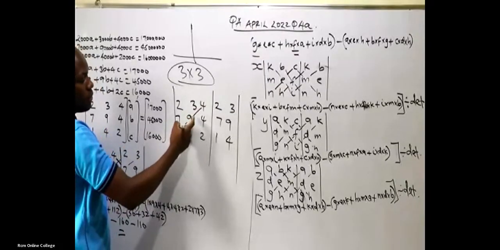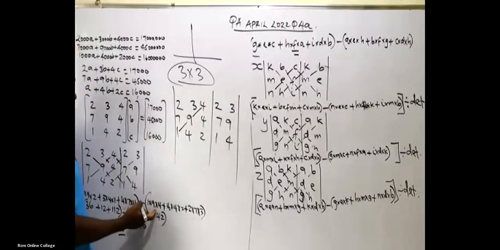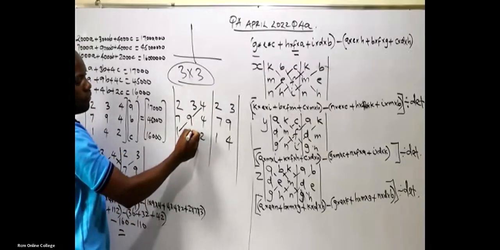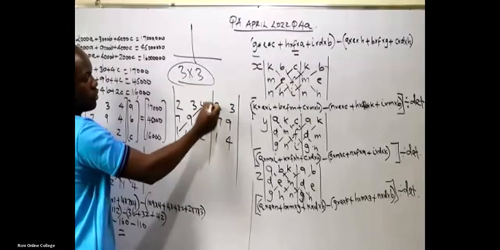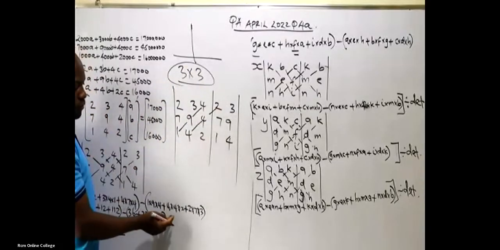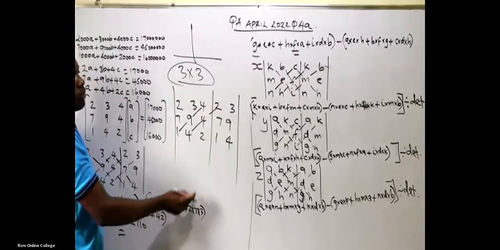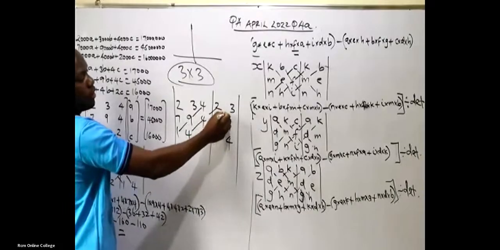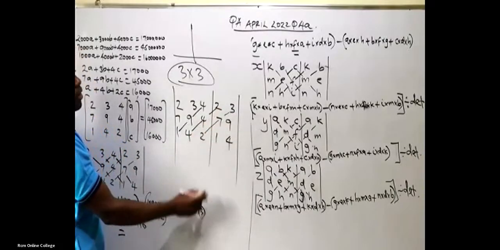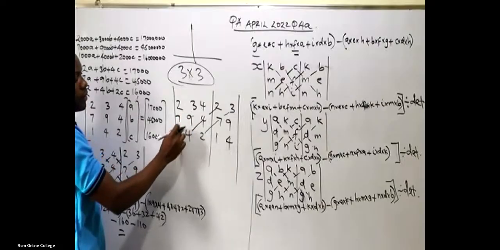So that will be 1 times 9 times 4. Remember, 1 times 9 times 4. Then 4 times 4 times 2. Then 2 times 7 times 3. You can see it here. That is the first part.